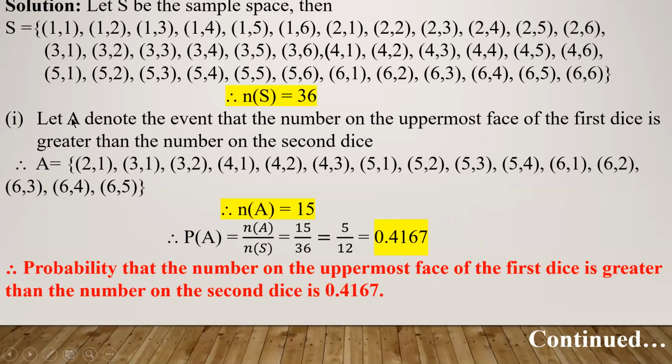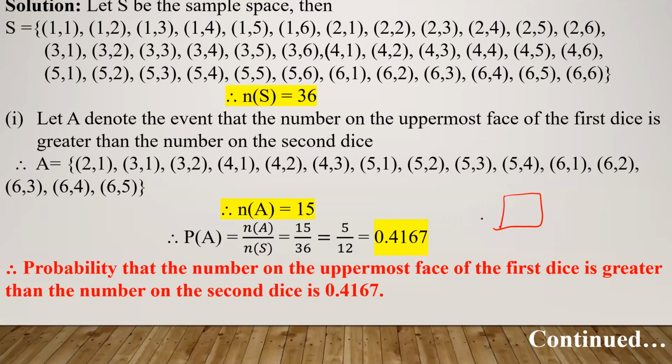So let us call the event A as the event that the number on the uppermost face of the first dice is greater than the number on the second dice. Means what is my event here?